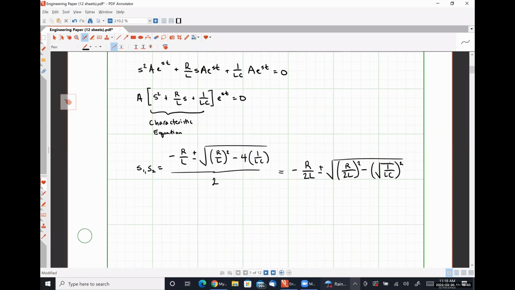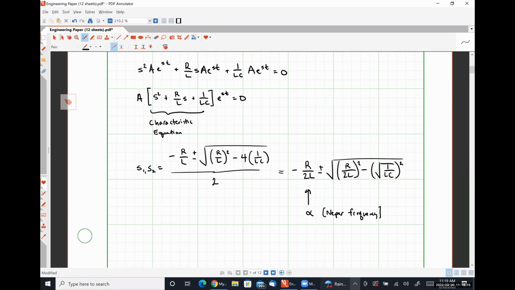So we're going to call this term alpha, where alpha represents the Neper frequency of the system. And it tells us how our system exponentially decays.